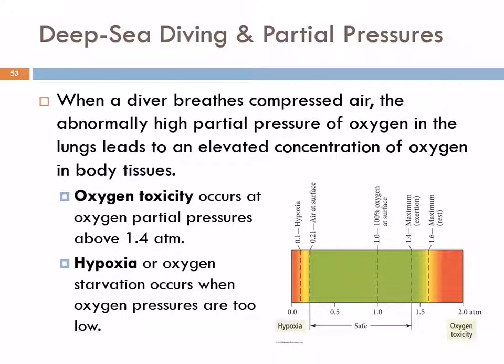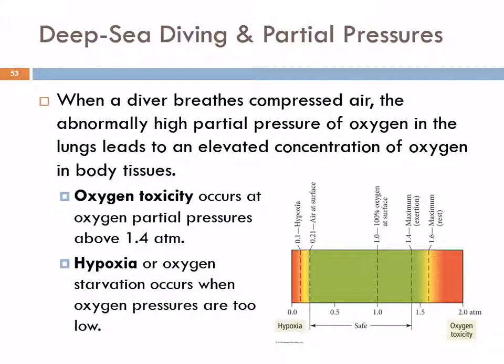Deep sea diving. We talked a little bit about diving at the beginning of the chapter. So when a diver breathes compressed air at a higher pressure, you get an abnormally high partial pressure of oxygen in your lungs.